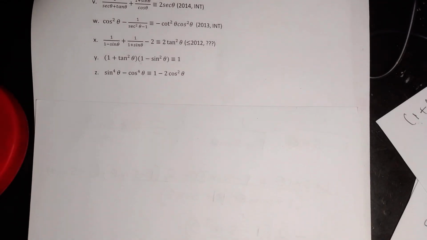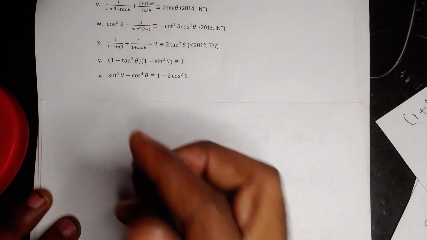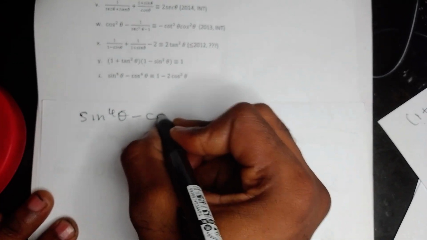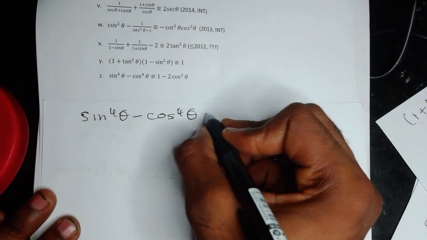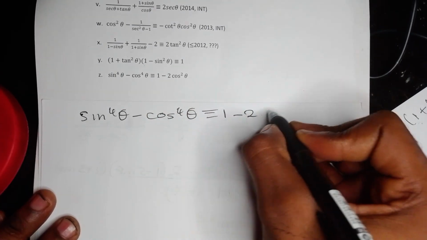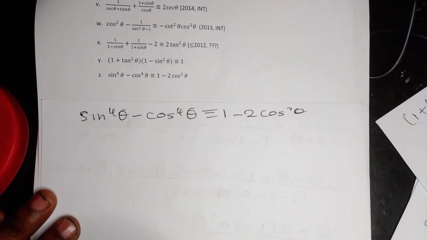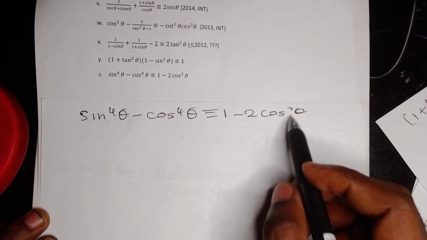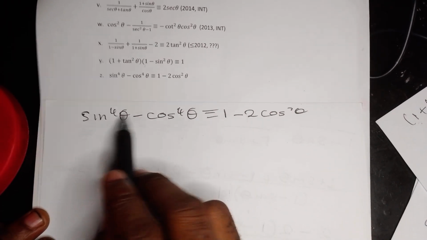Finally, we have the last problem, where we have sine to the 4 theta minus cos to the 4 theta is equivalent to 1 minus 2 cos squared theta. Of course, we only have a square here and we have 4's there.